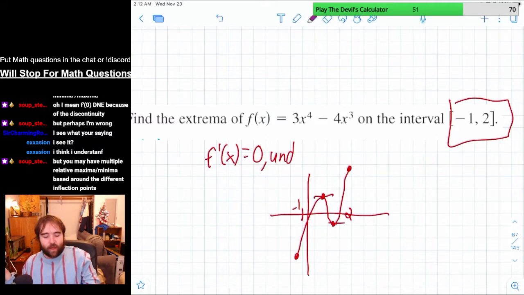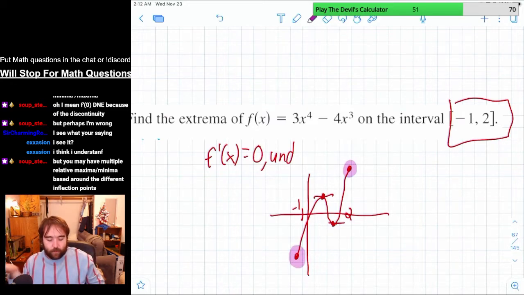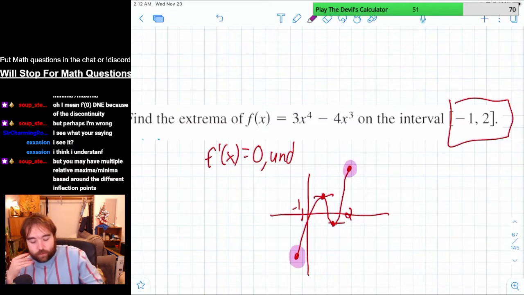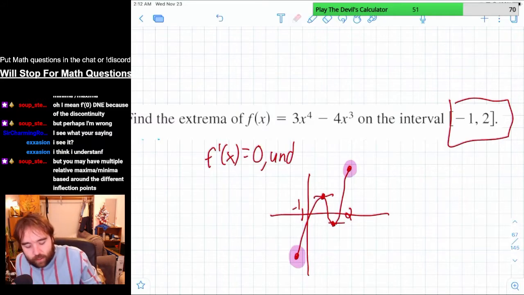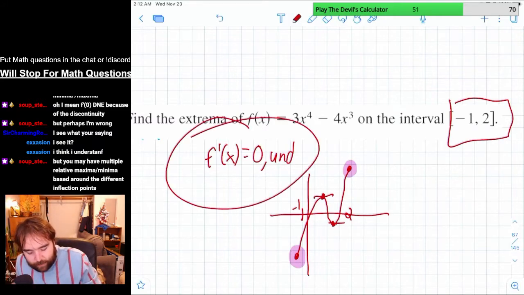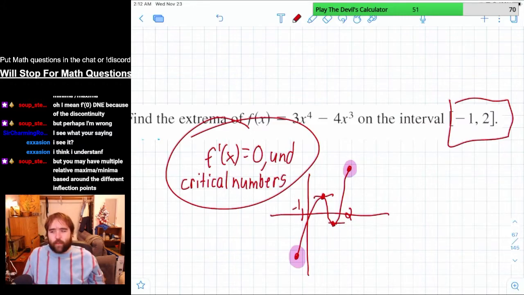But if they're talking about the absolute highest and absolute lowest this function goes, then what we care about is those points actually. So what we're going to do is find all the places we care about. So the numbers where this happens, there is a vocab word for that. We call those the critical numbers. And all that means is just the potential places for minimums or maximums.